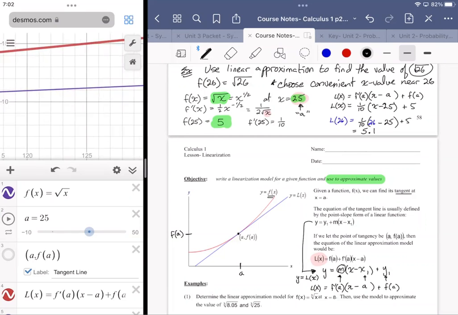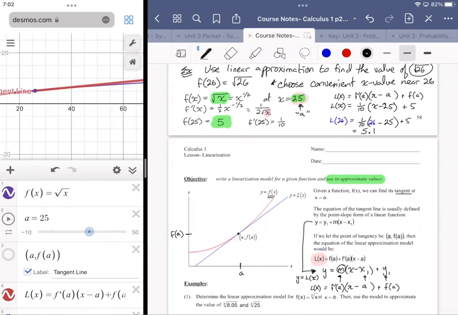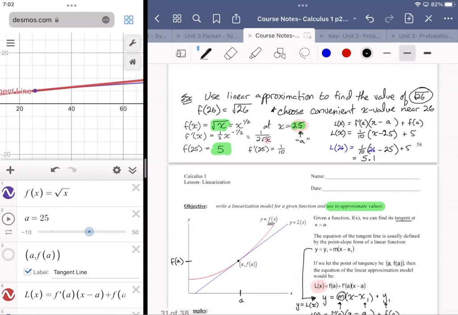So if I used this technique to find the square root of 125, I'm probably not going to get a good approximation. However, instead of working with that x value of 25, I could just move my point of tangency closer and do the process again. The whole idea is that the closer you are to the point of tangency, the more accurate the approximation should be.